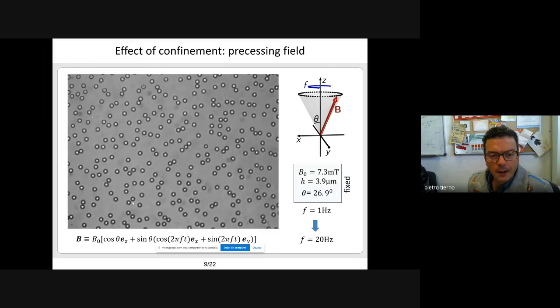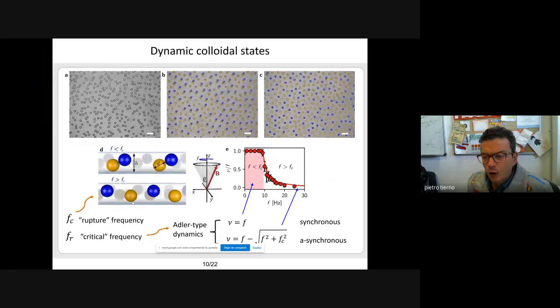Well, let me go further. In this case, you can see from this image that we are raising the frequency of the field. We are applying here the precessing field from A to B, where we find these two populations of particles, the blue and the yellow, and then we are further raising the frequency while keeping the amplitude constant, and then you have this split up.